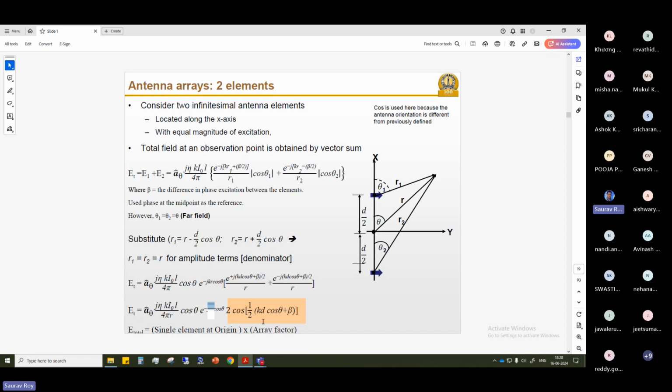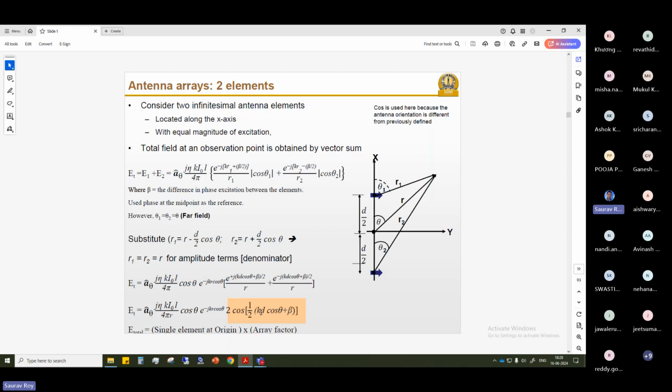Because you see what the terms are here. kd cos theta: k is 2 pi by lambda, which is the wave number, and comes from which frequency you are operating at. d is the separation or distance between the antennas. Cos theta is nothing but the angle with the horizon here.